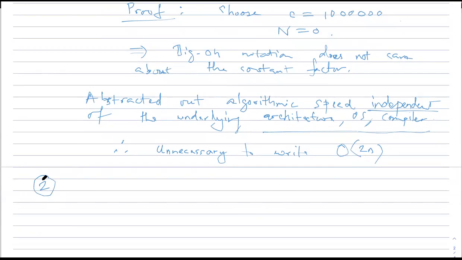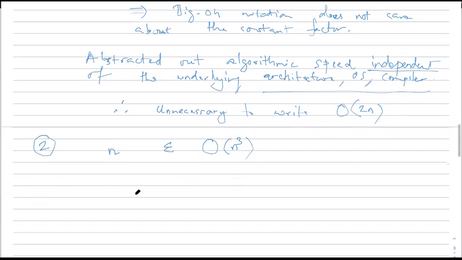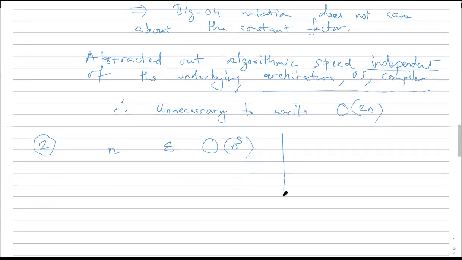Second, n is an element of big O of n cube. So if you draw the n cube, as you know, when you increase the order of the polynomial, it grows more and more sharply, right?